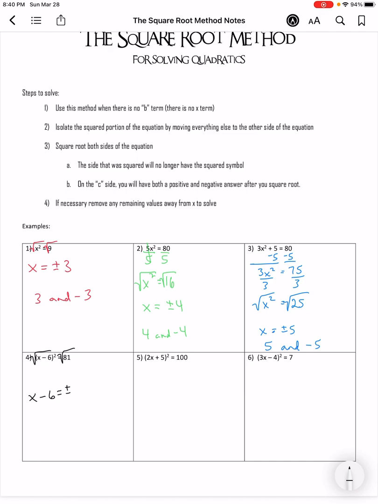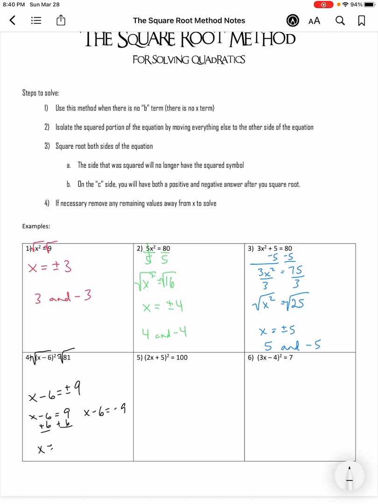In this case, the square root of 81 is 9. So x - 6 equals a positive 9, and x - 6 equals a negative 9. We need to solve both equations to get x by itself. I'm going to add 6 to both sides.